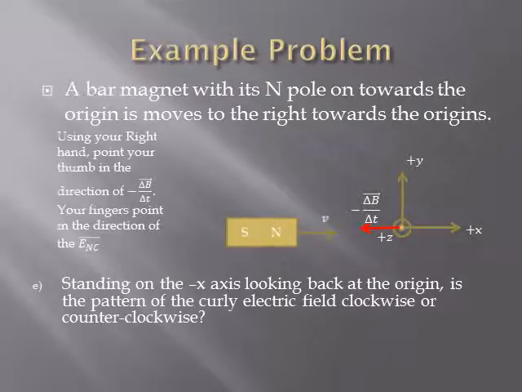So again, I point my thumb in the direction of the negative dB/dt, and I'm going to see a counterclockwise rotation of the curly electric field.